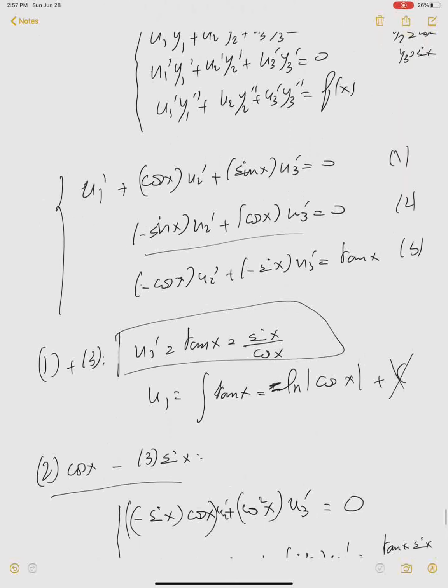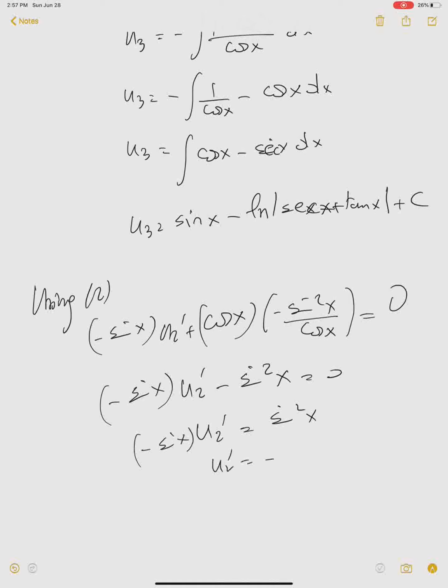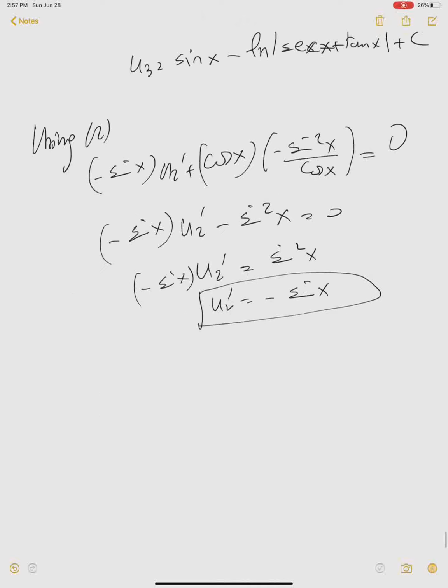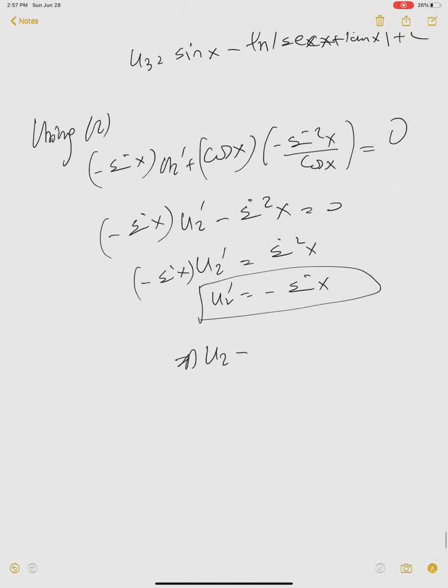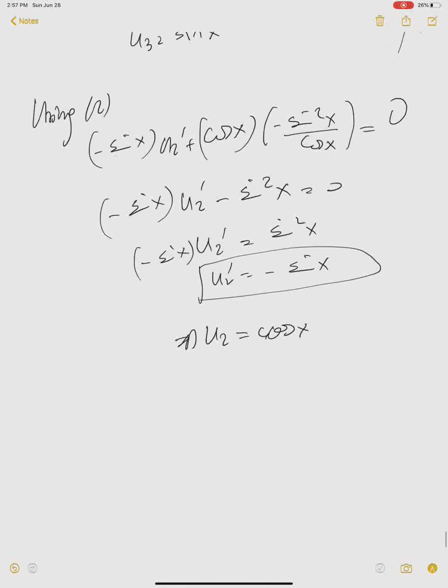Let's check, equation 2 is equal to 0. So you get minus sine x u2 prime minus sine square of x equal to 0. So u2 prime is equal to sine square of x over minus sine x. So u2 prime equal minus sine x. This implies that u2 is cosine x plus a constant, and I don't need the constant.